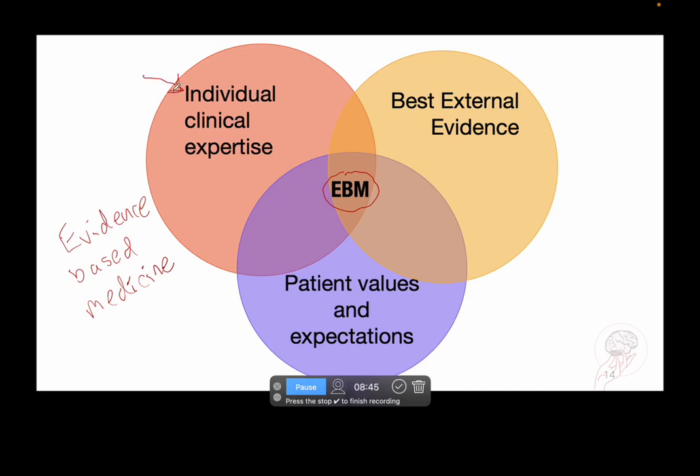And this isn't to say that clinical expertise isn't useful or important. It is, but as science progresses, and especially medical science, we find new treatments that relying simply on clinical expertise may miss. So we also need the best external evidence.